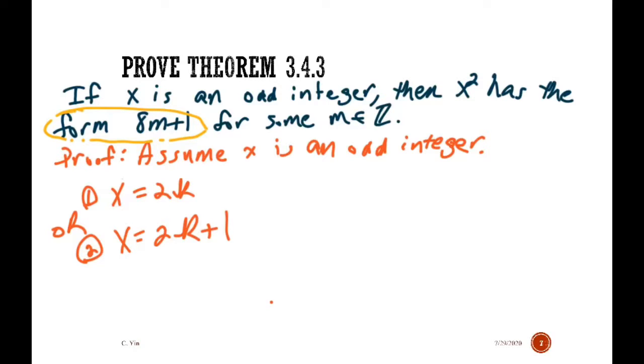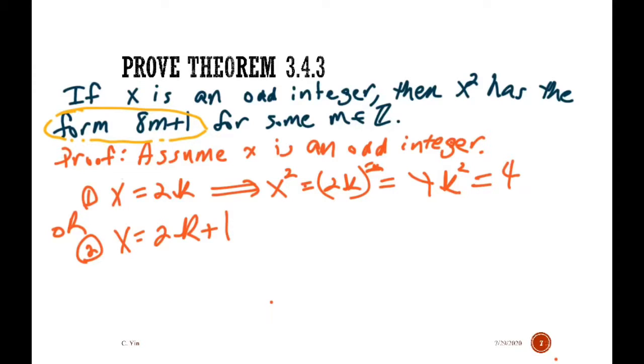Well, if x is equal to 2k, again, this is my scratch paper, so I would have x squared is equal to 2k squared, and that gives me 4k squared. And so the question is, am I going to be able to take that and write it as something with an 8m plus 1? Well, it's not really obvious to me exactly how we would do that. So I don't think the 2k and 2k plus 1 are going to be helpful.